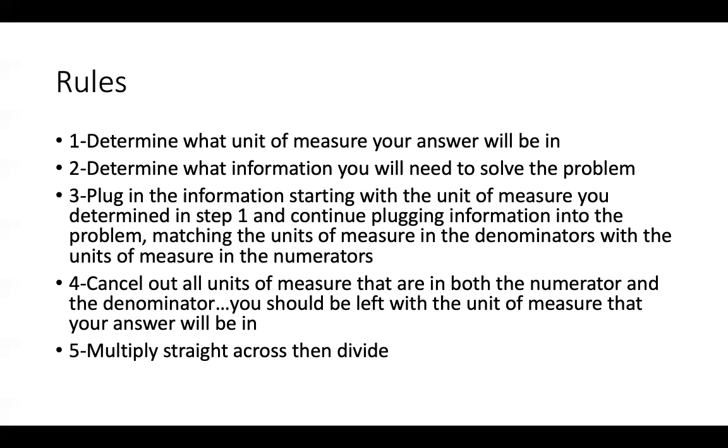Your second step is to determine what information you will need to solve the problem. We just covered the anatomy of dosage problems a minute ago. And when we hit each specific type of problem, I'll discuss further the types of information that you're going to need to pull out of that problem.